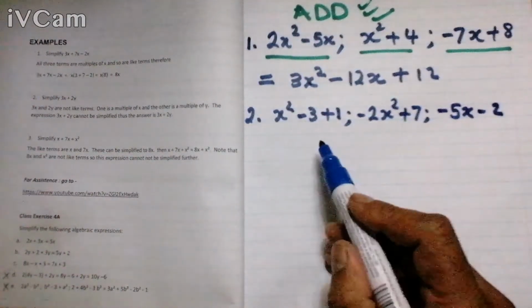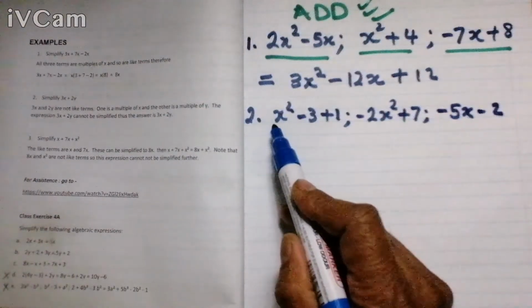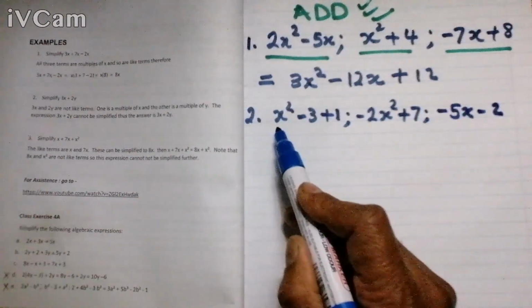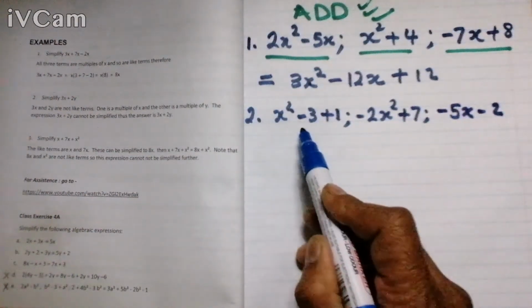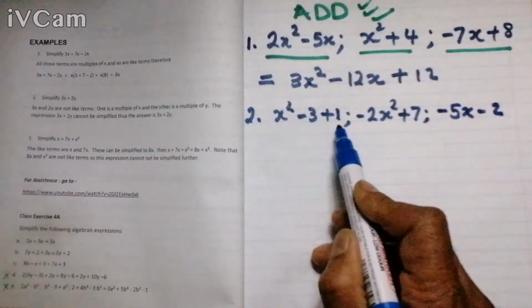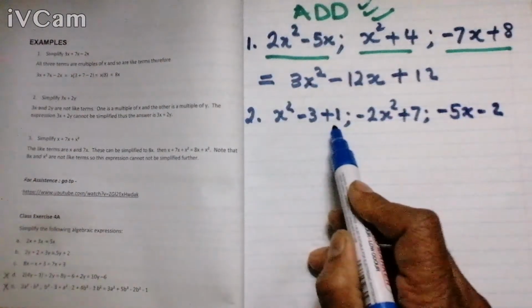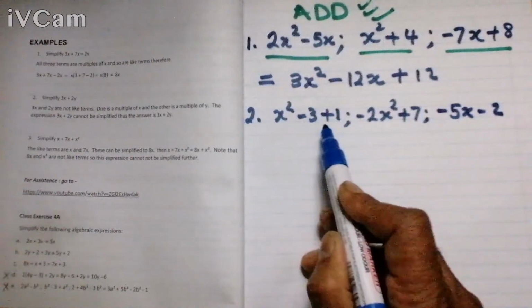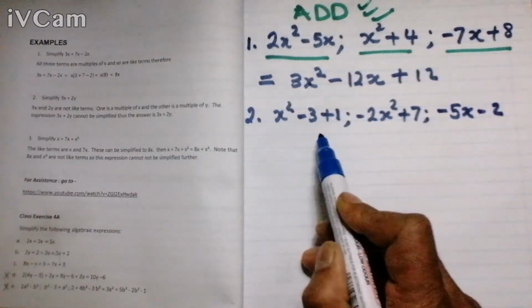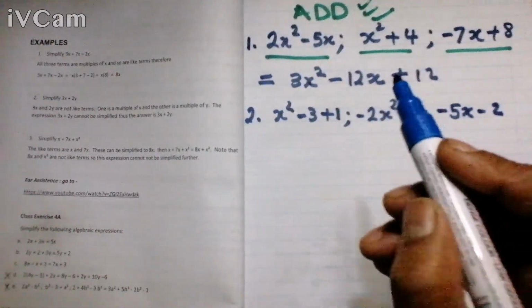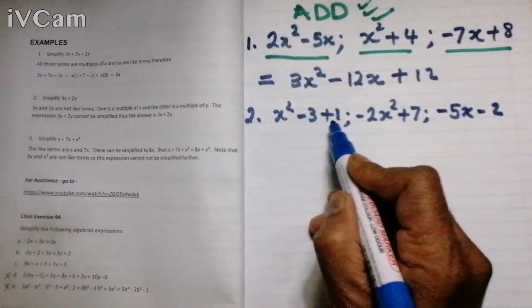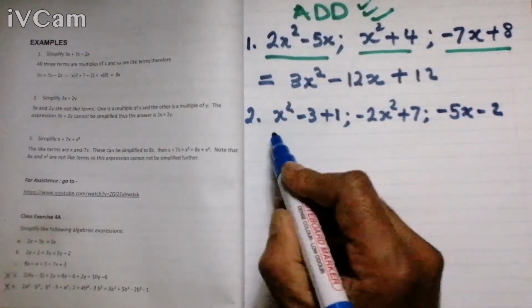There again we have a term. Actually it looks like a trinomial, but actually it's a binomial because this needs to be simplified first. So let's just simplify this because they are like terms here.